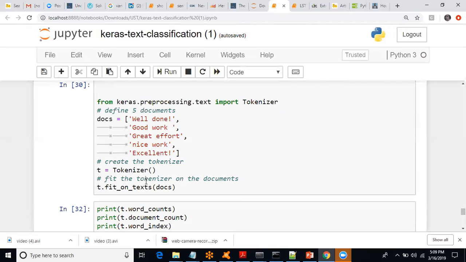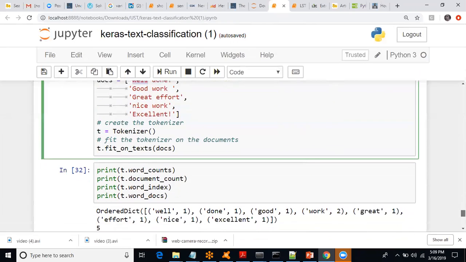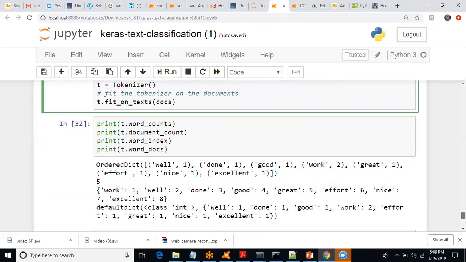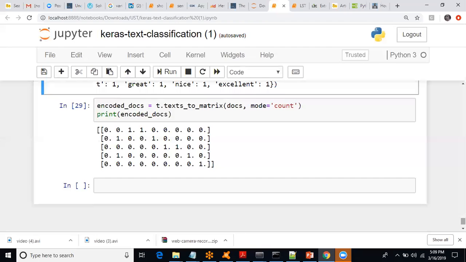This is a matrix formed with only these words. How many rows are there? 1, 2, 3, 4, 5, right? And this has many words: 1, 2, 3, 4, 5, 6, 7, 8. Eight different words are there, and there are 5 rows.